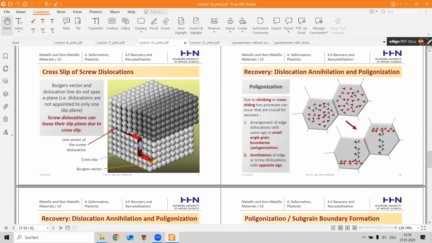Recovery: dislocation annihilation and polygonization. Due to climbing and cross slip, two processes can occur that are crucial for recovery: the arrangement of edge dislocations with the same sign into small angle grain boundaries, and the annihilation of edge or screw dislocations with opposite sign.